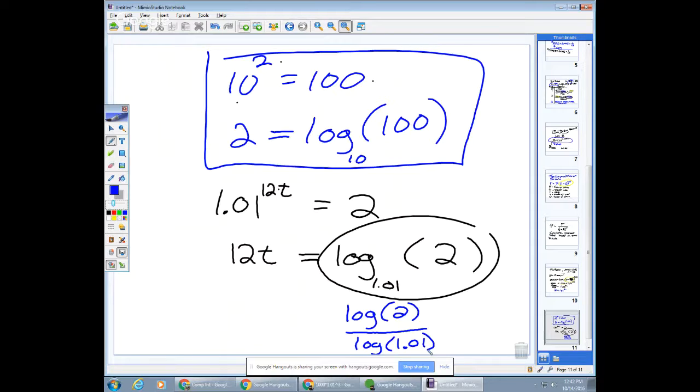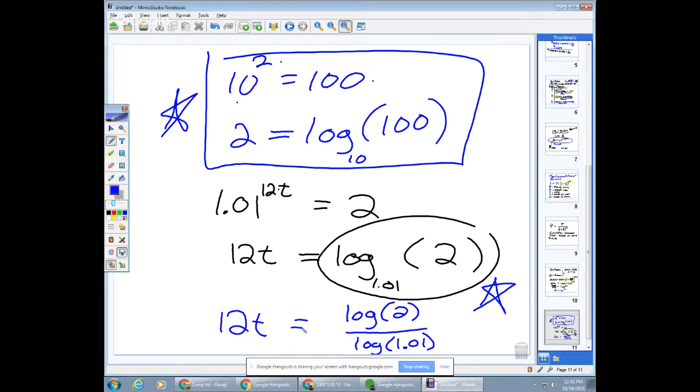Near the end of this chapter, they go over this rule, plus a whole bunch of other rules I skipped, because I don't think they're as important. The only 2 rules we need are this rule up here, which changes an exponent to a logarithm, and this rule down here, which allows us to use the calculator. So we're almost done. We'll have to calculate that number on our calculator.